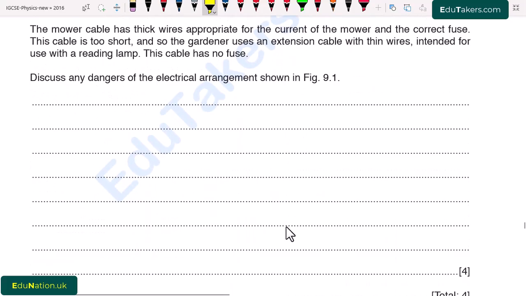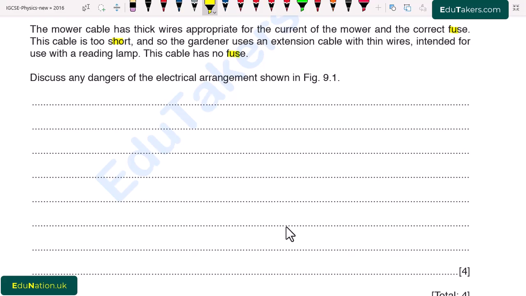The mower cable has thick wires appropriate for the current of the mower and the correct fuse. This cable is too short and so the gardener uses an extension cable with thin wire intended for use with a reading lamp. This cable has no fuse.